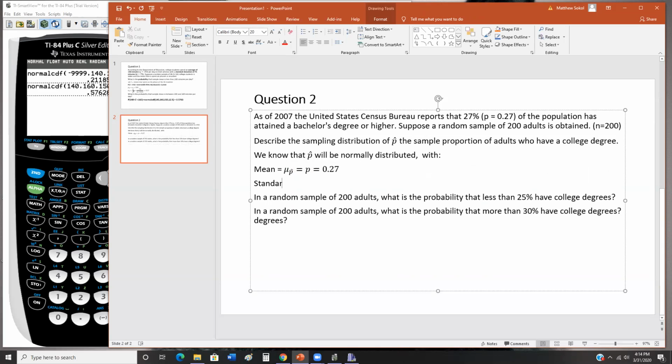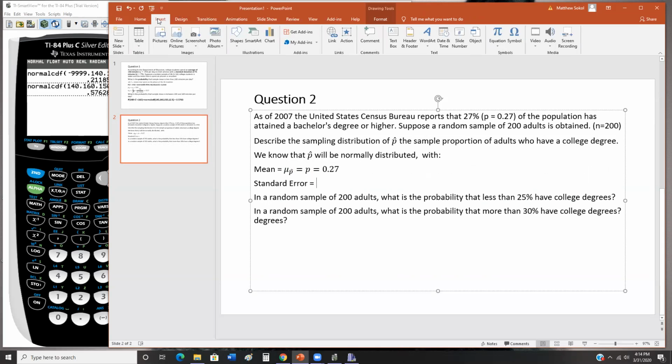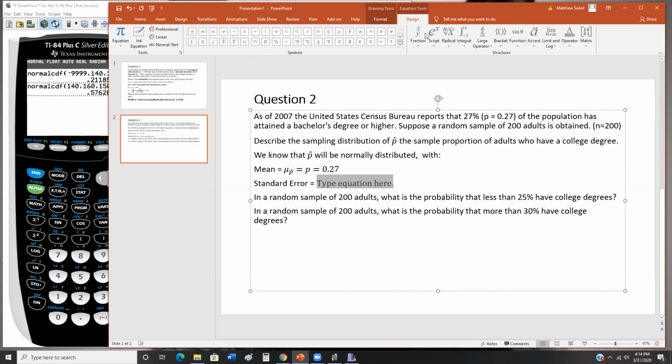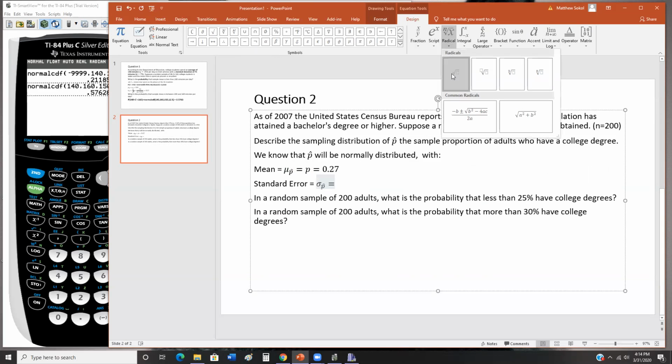Now the standard error, or the standard deviation, another name for it, we denote as sigma sub p hat. And this formula is a little bit more complicated.